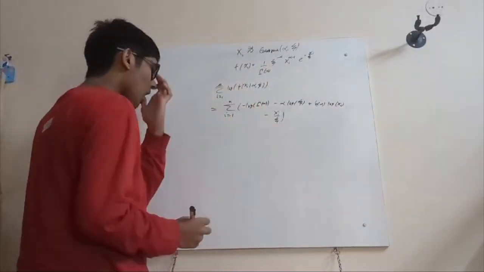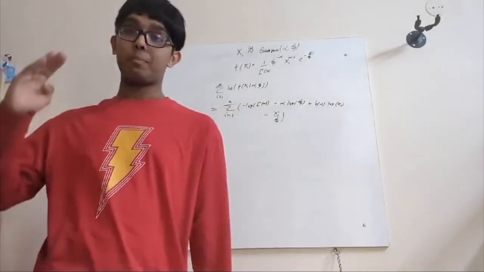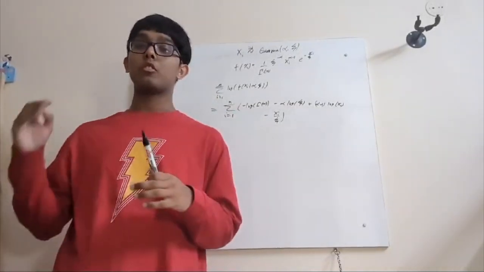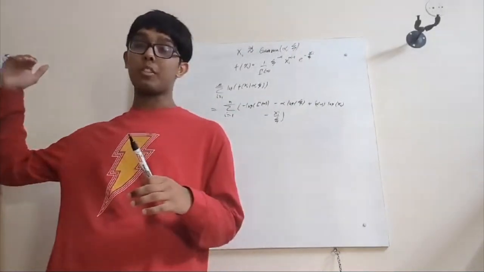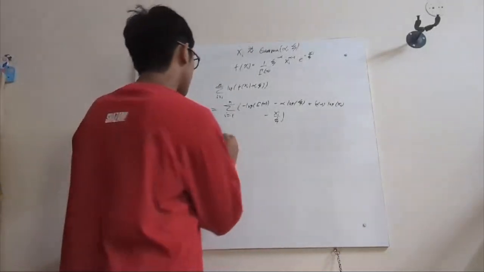Now, how would we proceed to maximize this with respect to two parameters? So first we would take the partial derivative with respect to lambda, then the partial derivative with respect to alpha, set both of them to be equal to 0, and we're done. So how would we proceed with that?